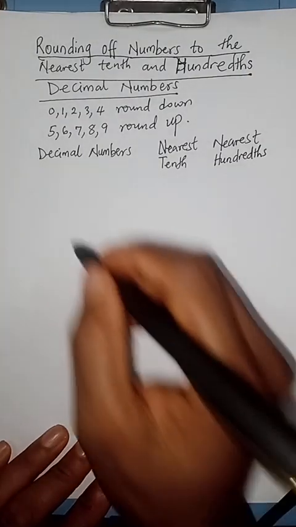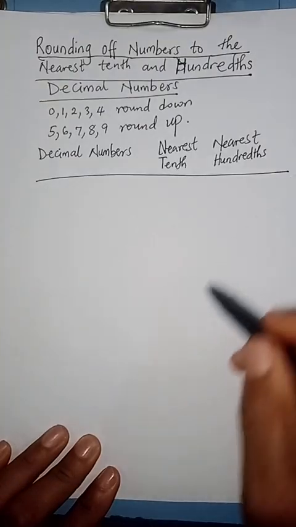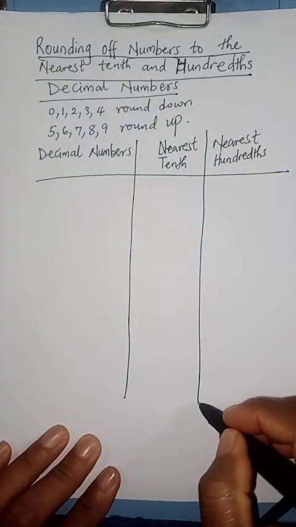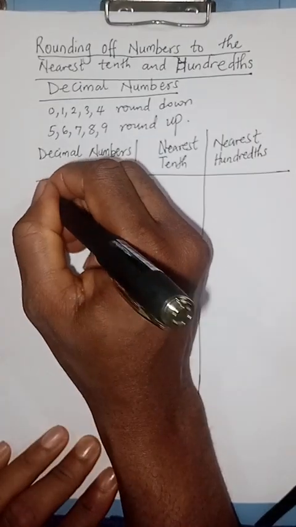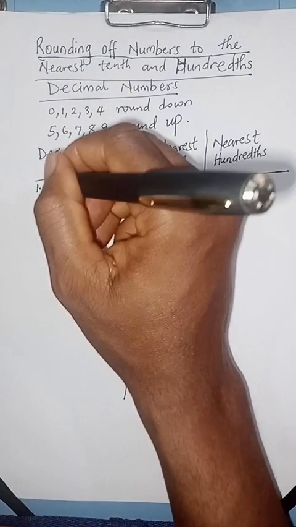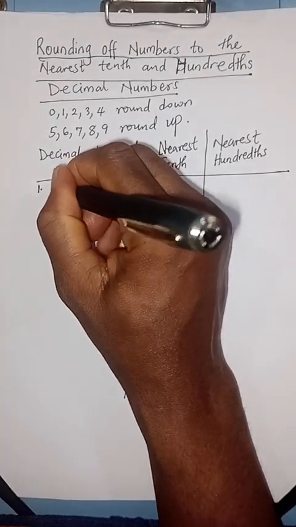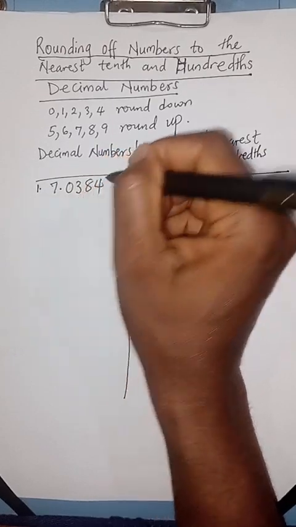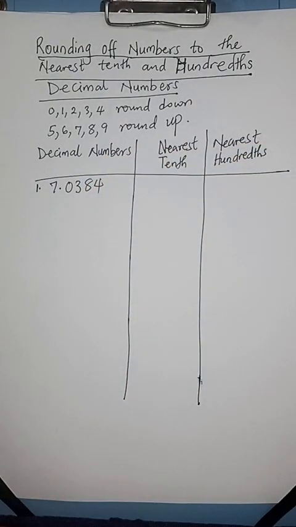So I'm going to do this, and let's have it this way. So this is number 1. If I have this number 7.0384, and the question says round to the nearest tenth.